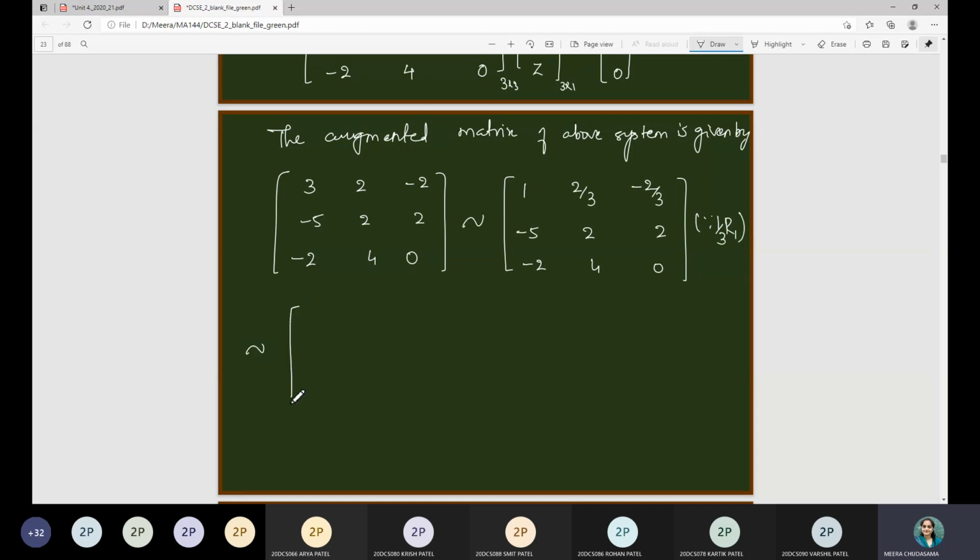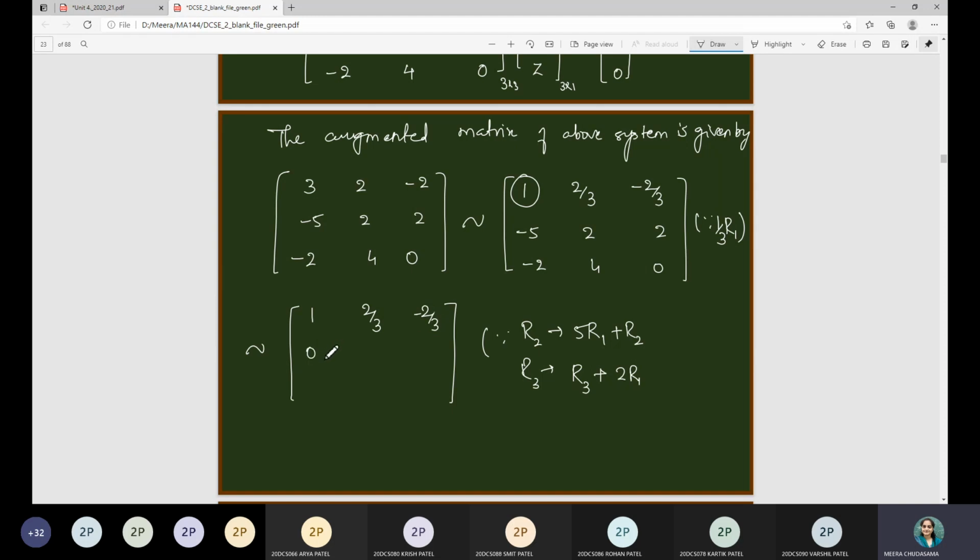Now to make zeros below the leading one, this is your leading one, to make zeros below it I have to apply the operations on R2 and R3. So on R2 we will apply the operation R2 plus 5R1 and R3 plus 2R1.